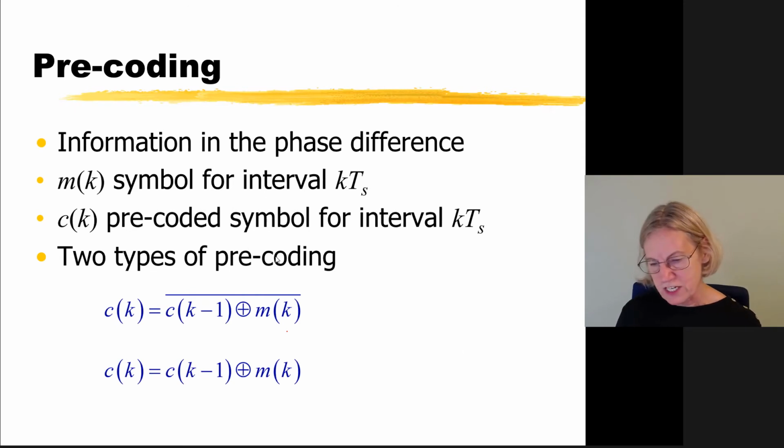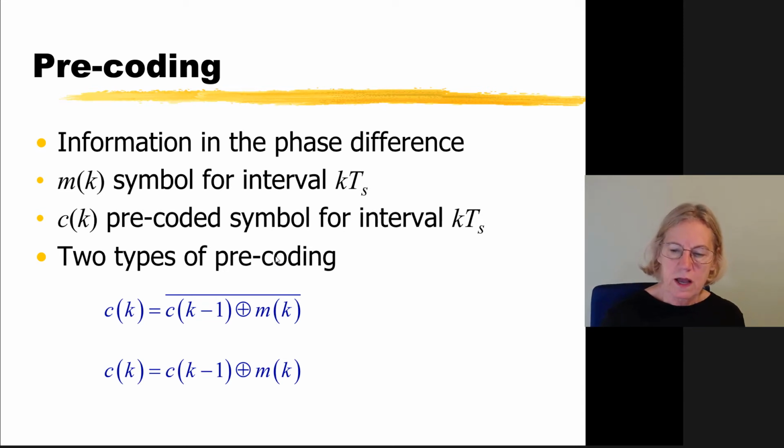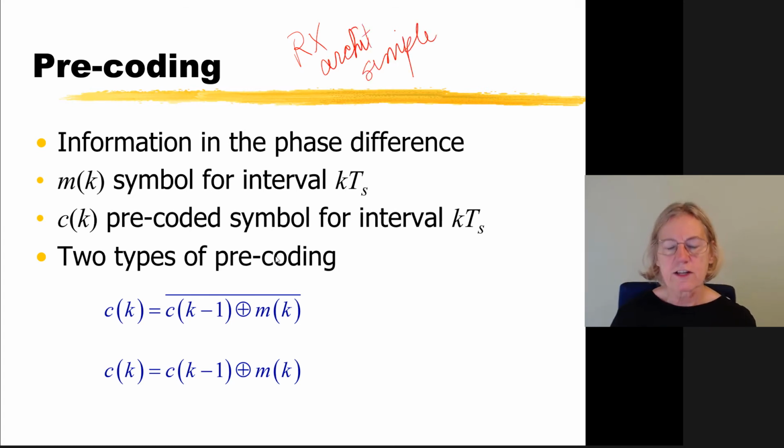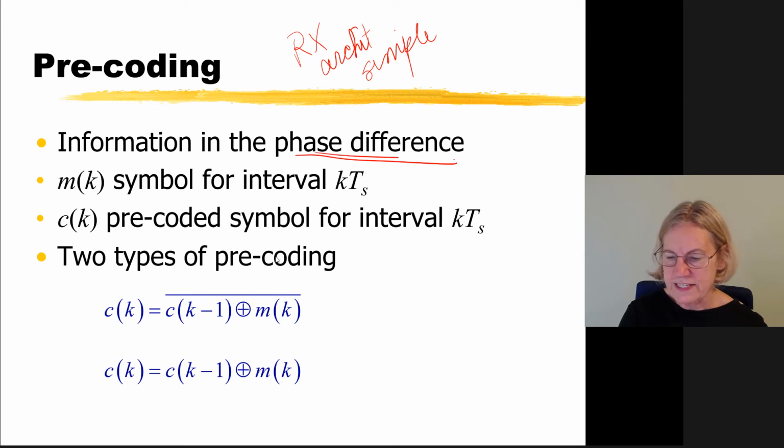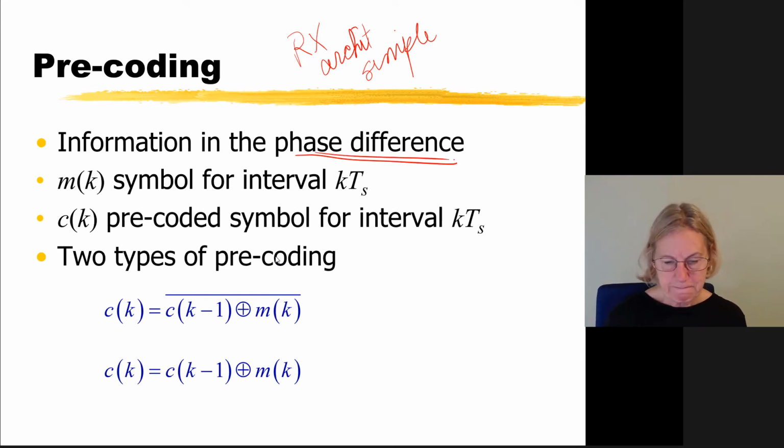And here's just a little trick that makes the receiver architecture very simple, if I do a clever way of coding the information into the difference in the phase. Again, the important thing is that it is definitely in the phase difference.